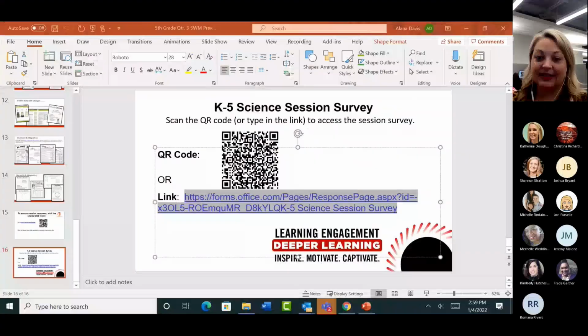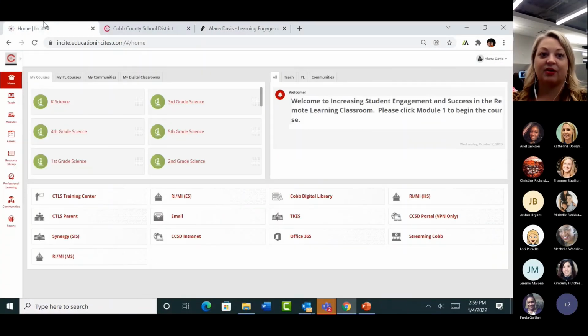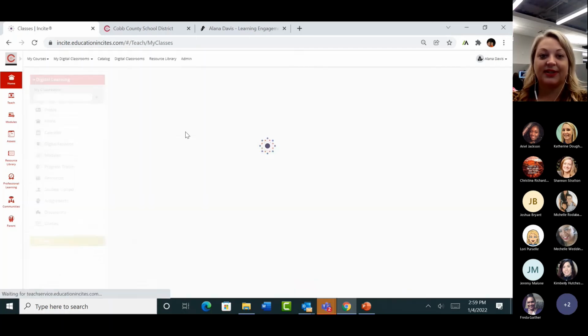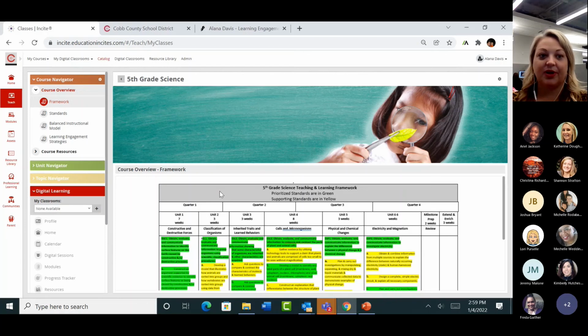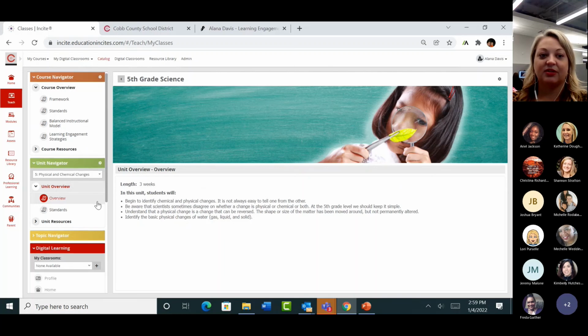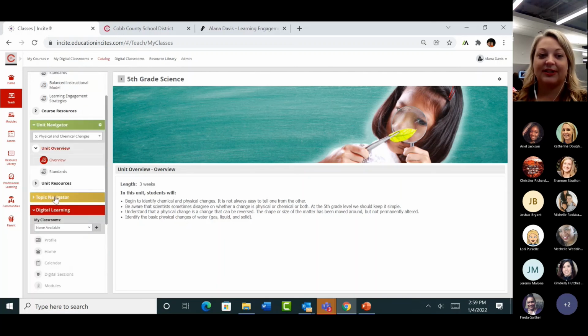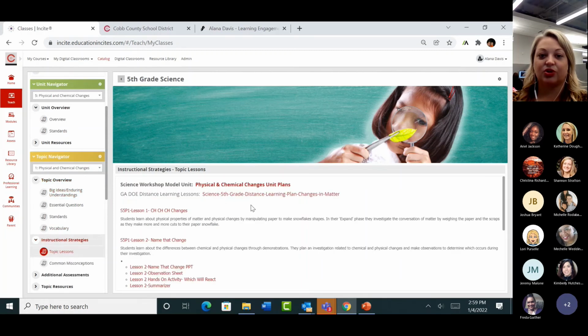Okay, so in CTLS, here you go, Shannon. We're in CTLS right now. I'm going to click on 5th grade science. All right, up comes your framework. Over here, green tab, unit navigator. I'm going to go to physical and chemical changes. I'm going to scroll down to topic navigator and then click on instructional strategies.